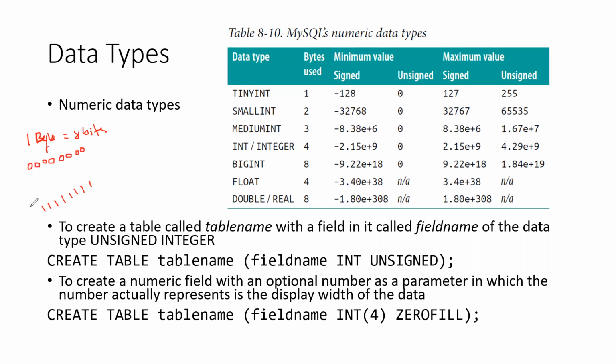So in the unsigned case, this will represent 0 and this will represent 255 unsigned. You know how to convert binary to decimal. So how do we get minus 128?